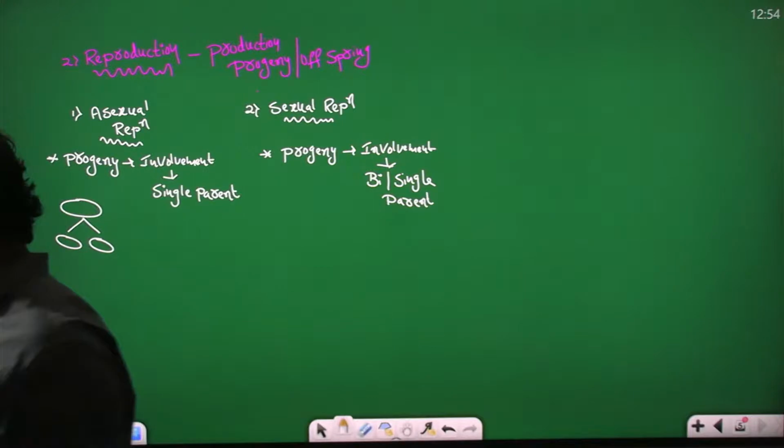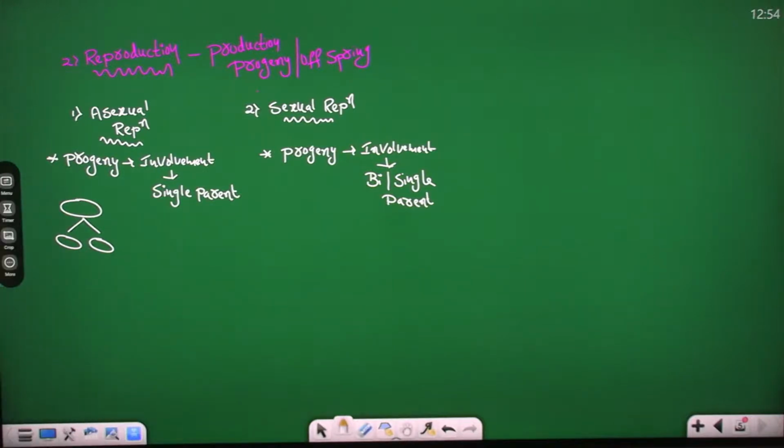So what is the main difference between asexual and sexual? In asexual, production of progeny by the involvement of a single parent, but in sexual reproduction, by the involvement of biparent or single parent.